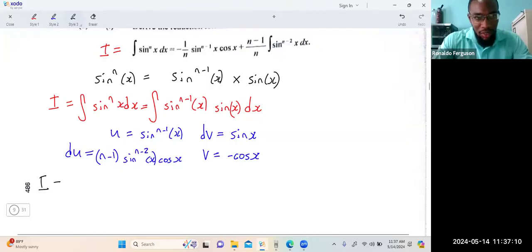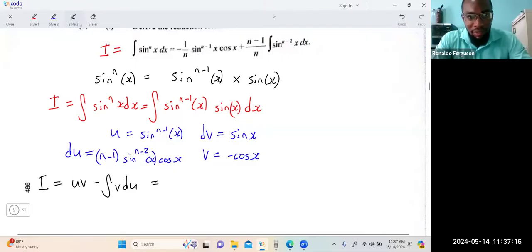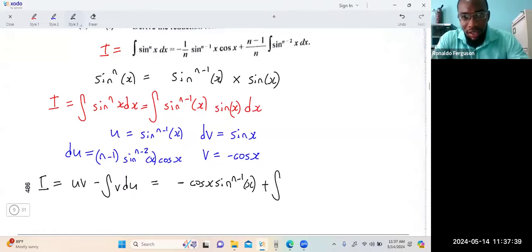So far, I is now equal to uv minus the integral of v du. u times v is going to be minus cos x times sine to the n minus 1 of x, minus now the integral of v du. But because this is negative and it's going to be minus the integral of v du, this negative and this negative make it positive. The integral of cos times cos becomes cos squared. So now we have n minus 1 sine to the n minus 2x multiplied by cos squared x dx.